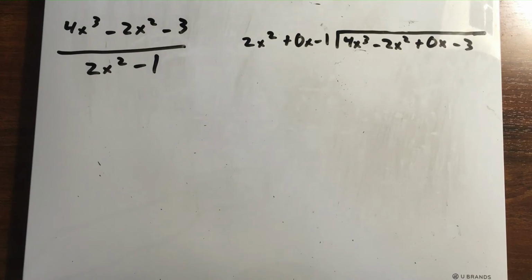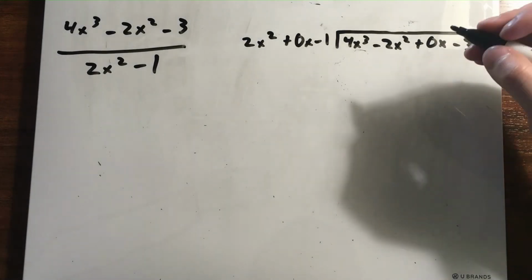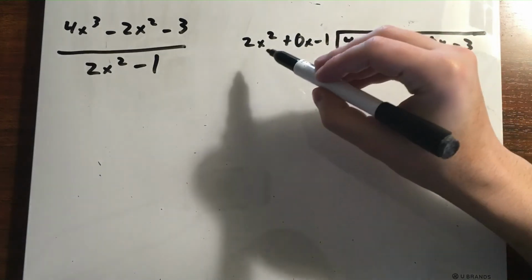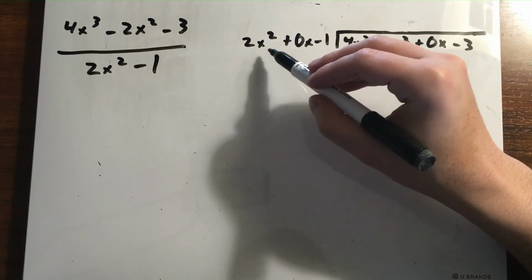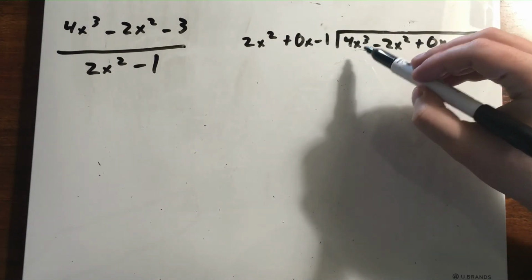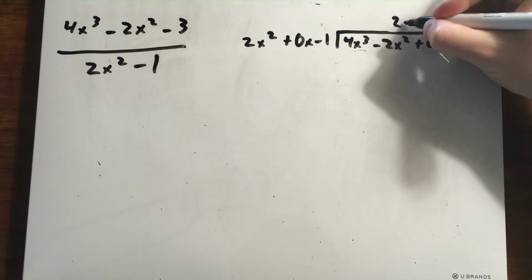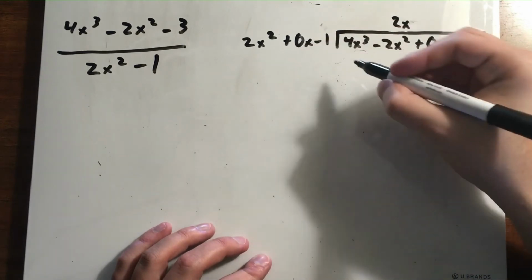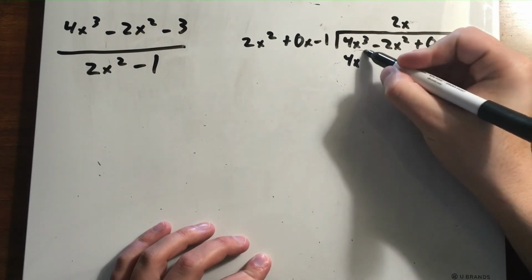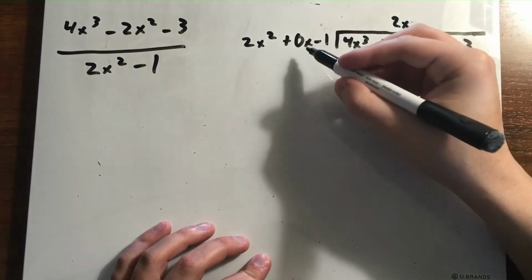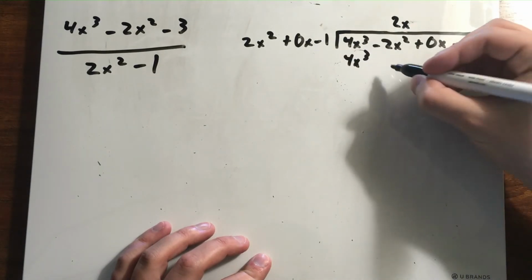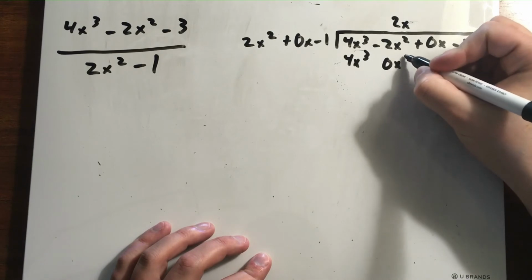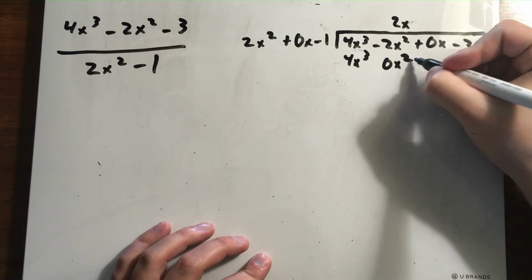All right, so we'll start by trying to find out what can we multiply by 2x squared that will give us 4x cubed. Well, we can do 2x. 2x times 2x squared gives us 4x cubed. 2x times 0x will give us 0x squared.